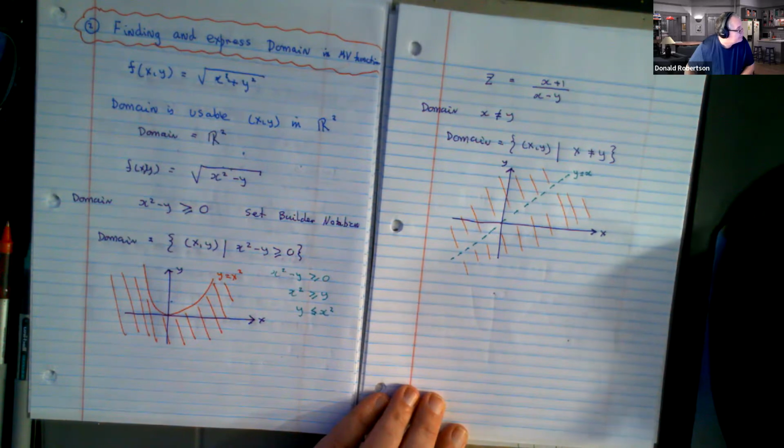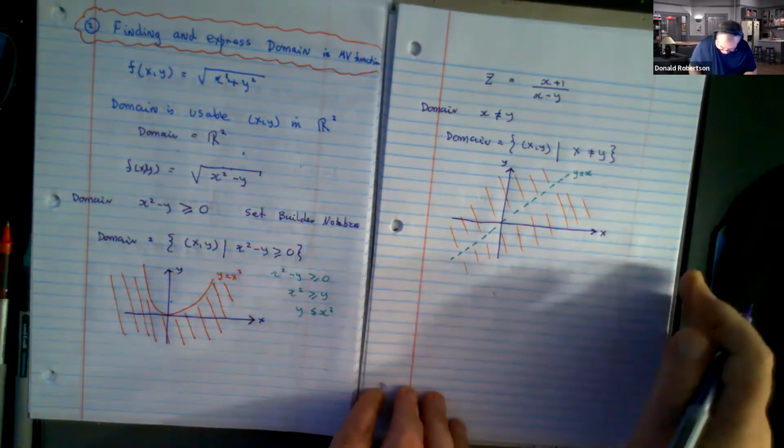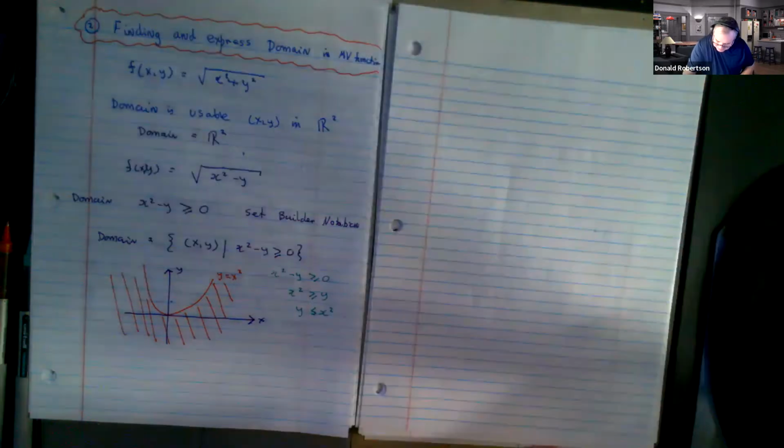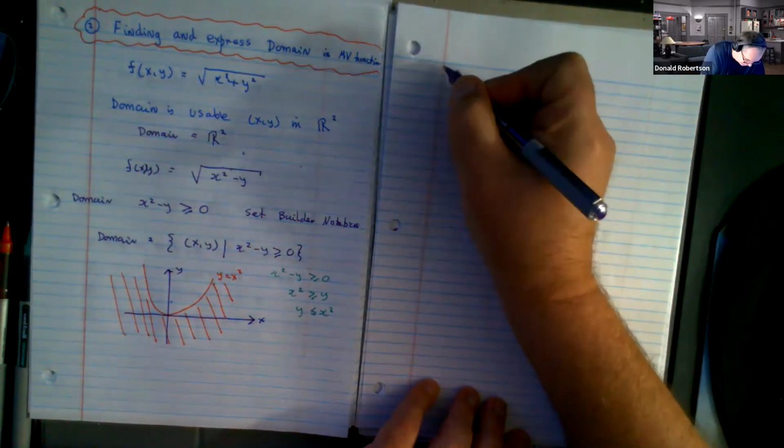No square roots. What's something a little bit more interesting? Okay, let's try this one, which is quite complicated, but it's worth doing. It's a version of question 4.